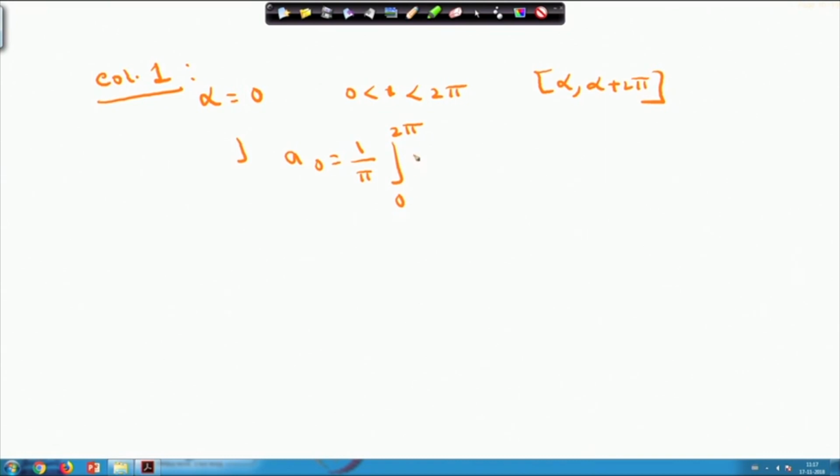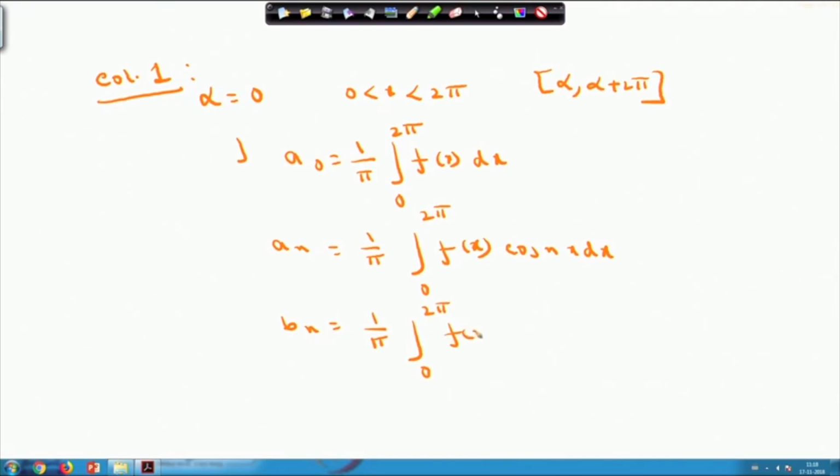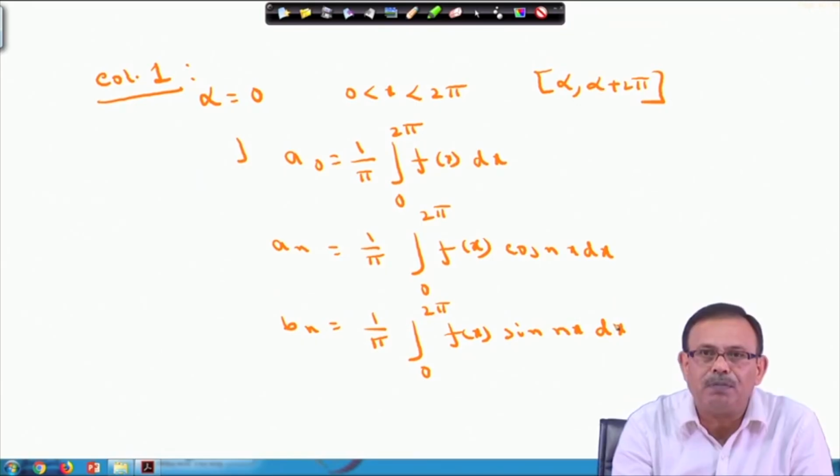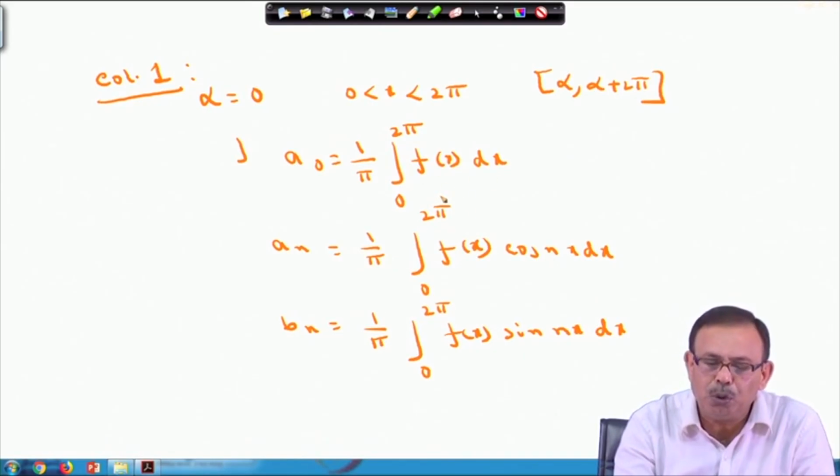Now, it will be from 0 to 2π. a_n will be (1/π) ∫ from 0 to 2π of f(x) cos(nx) dx, and b_n will be (1/π) ∫ from 0 to 2π of f(x) sin(nx) dx. So whenever I get the special case α equals 0, then x varies in the range from 0 to 2π, and for a_0, a_n and b_n the integrand will remain the same, but the limit will be from 0 to 2π.